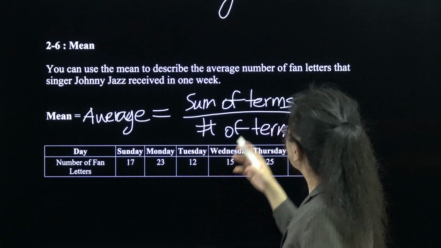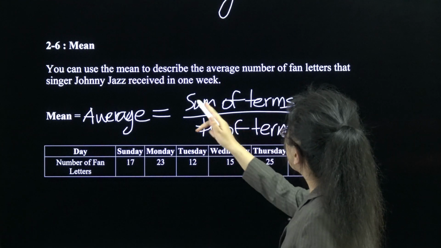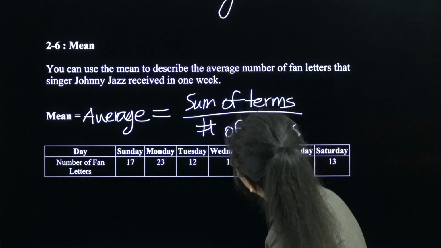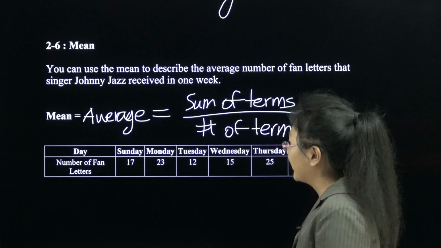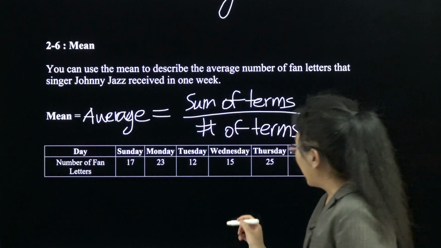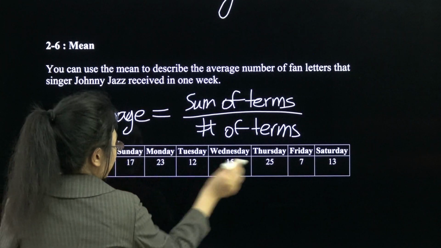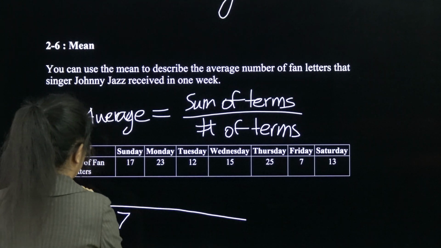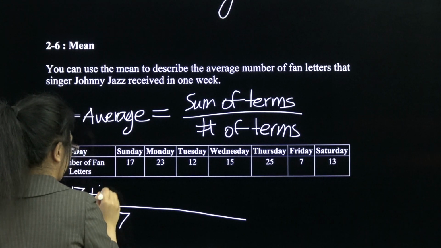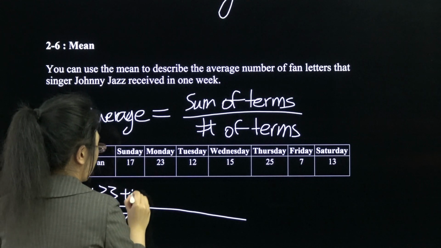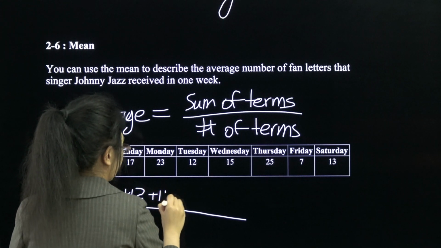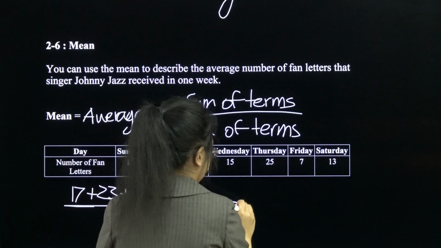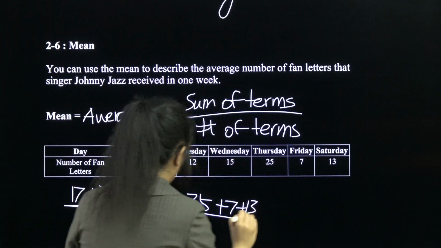So, the problem over here is to describe the average number of fan letters that singer Johnny Jazz received in 1 week. So the average over here, there's 7 terms, something over 7, and that'd be 17 plus 23 plus 12 plus 15 plus 25 plus 7 plus 13 over 7.